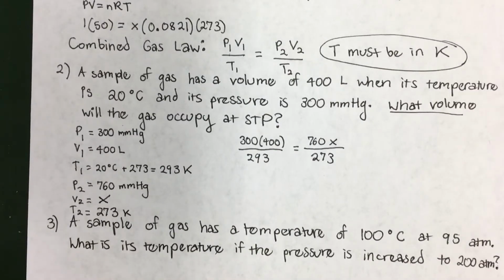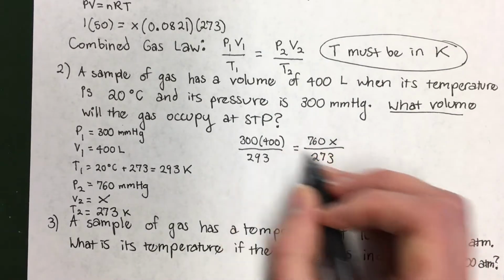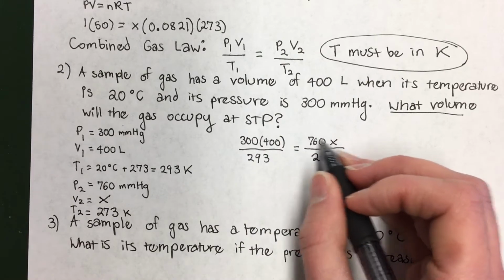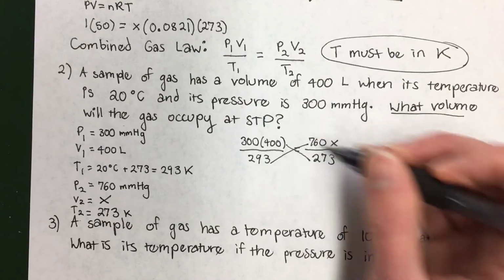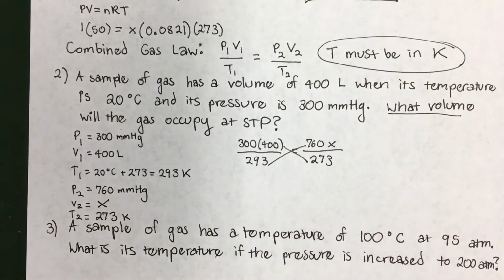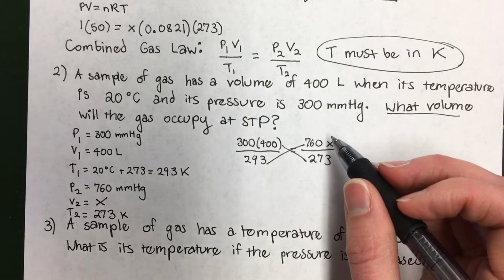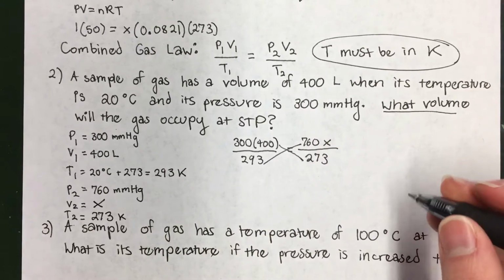Okay, so what I would do to solve this is I would multiply the top of this fraction by 273 and the top of the 760x by 293. This is like cross multiplying. You multiply those two, and those go on opposite sides of the equal sign. So when you do that, you end up with 273 times 300 times 400, which is a really big number.